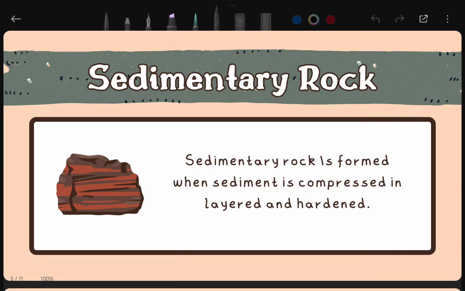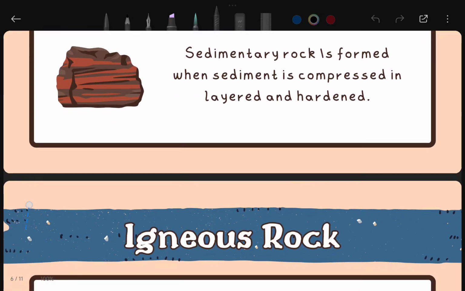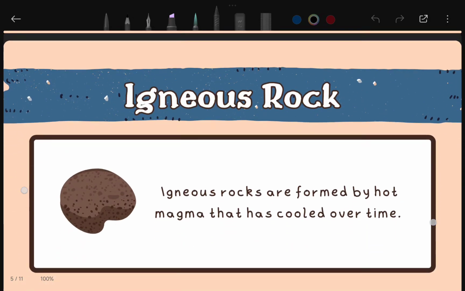After so many years of sedimentation, lots of things settle down under the layers of the earth, and after so many years they become harder and harder, then sedimentary rocks are formed. This is a very important thing to understand, the major difference between metamorphic rock and sedimentary rock. And the last type of rocks is igneous rocks.